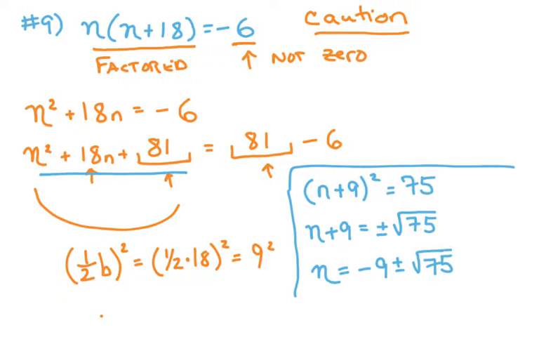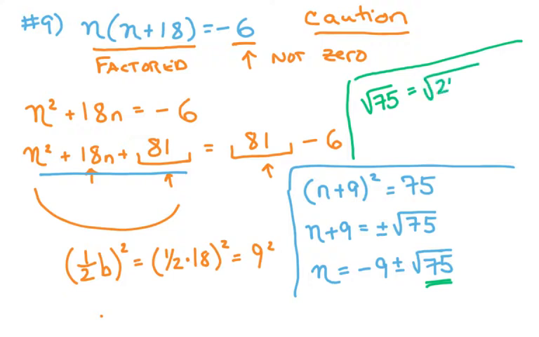Funny thing, because WebAssign accepted this answer when I put it in there. But if we think about the square root of 75, isn't there a perfect square hiding in there? Isn't that the square root of 25 times 3? So wouldn't that be 5 times the square root of 3?